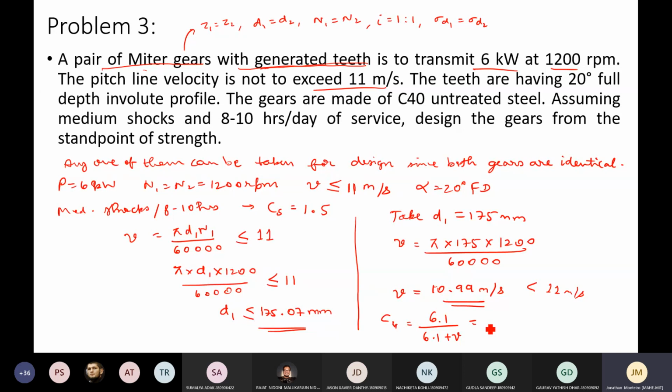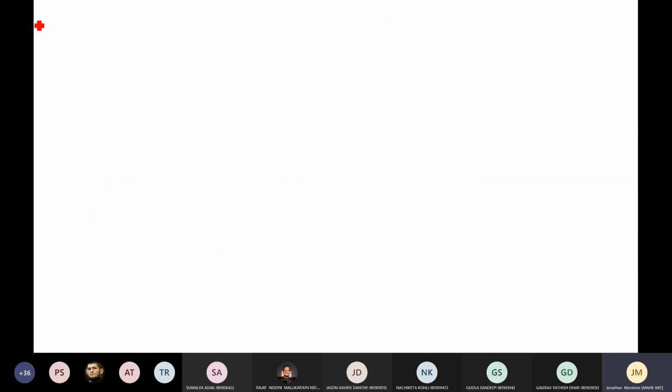So how much are you going to get? 0.356. Yes, getting around 0.3569. 0.3569 as a CV value. Okay. Sigma D value, I think that we have to find out. C40 untreated steel. Let me write down here.